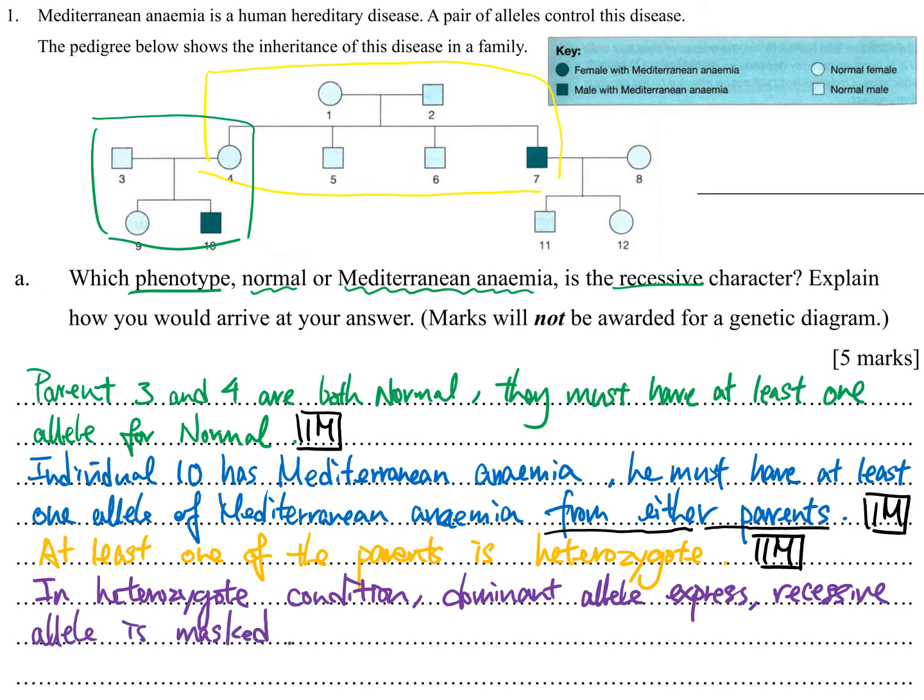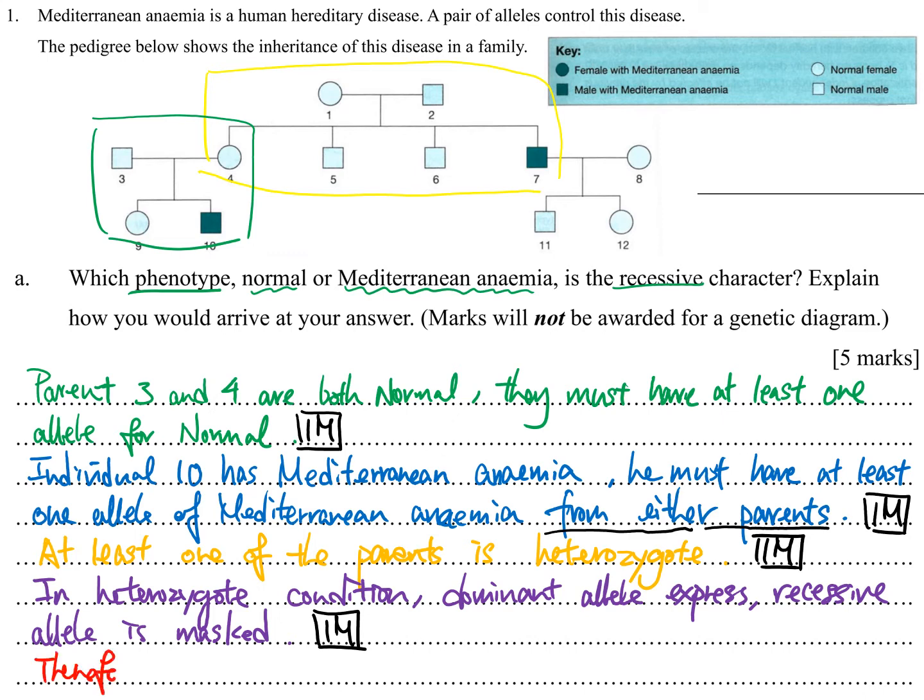It's not shown. So you get the fourth mark. So now the character showing must be the dominant allele. So this time the normal character is showing, so it's the dominant allele, and the recessive character should be the Mediterranean anemia.